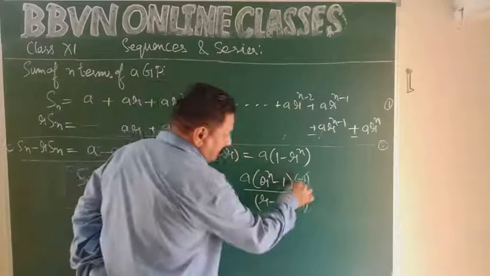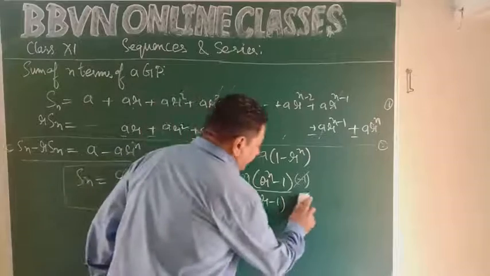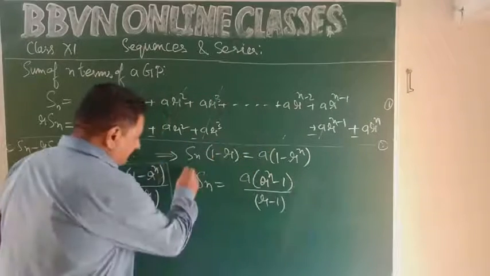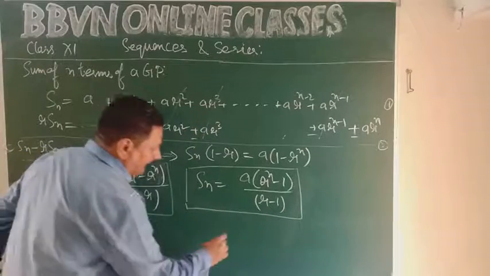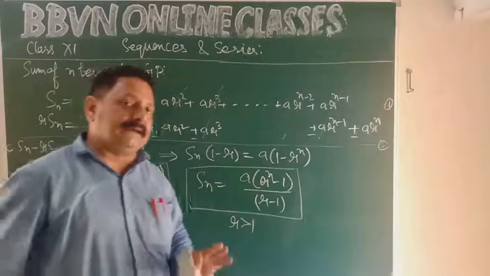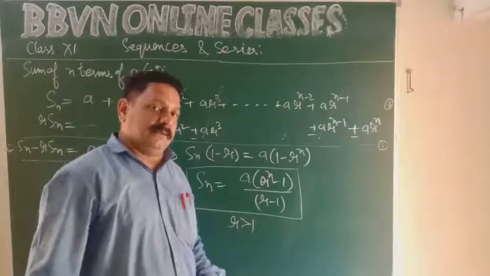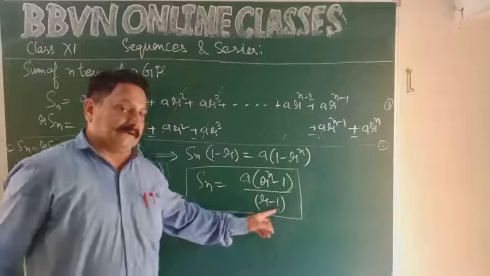The minus 1 of both will cancel. Got it? So I will eliminate it. This version is advised when r is greater than 1, because r minus 1 will be positive in that case.